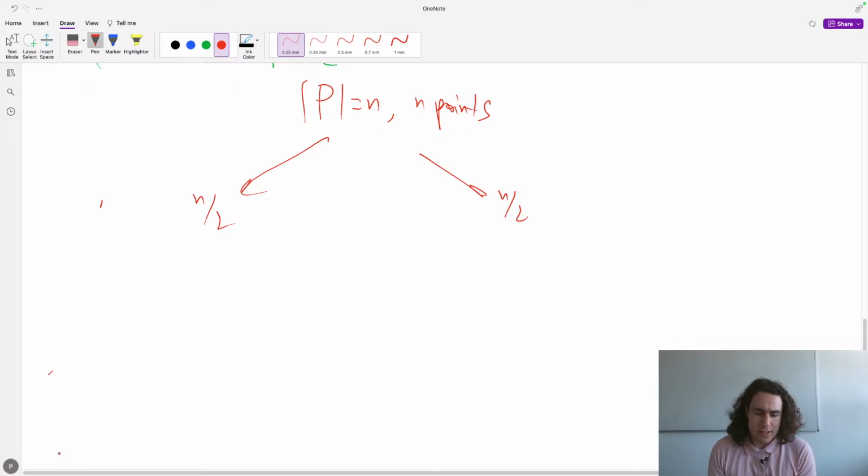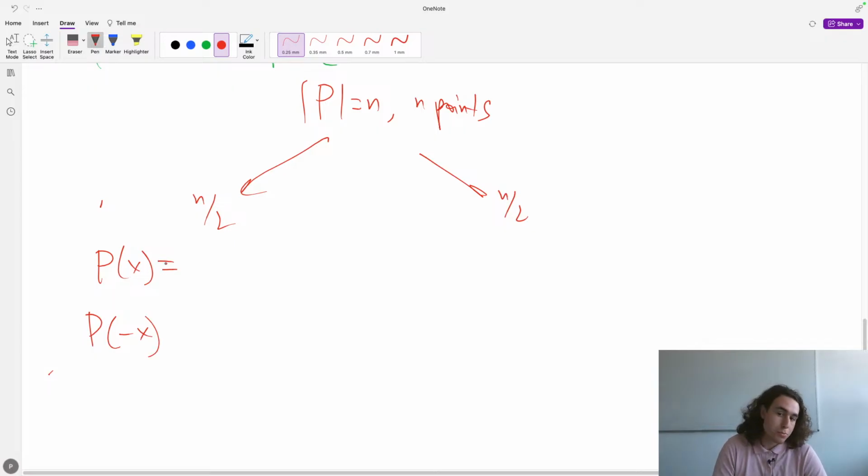How are we going to do that? We somehow need to find points in which evaluating the polynomial p looks similar. And then we can just do less work. Well, the obvious points are negatives of each other. So if you look at p of x and p of minus x, they look pretty similar.